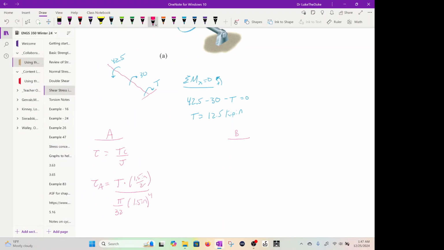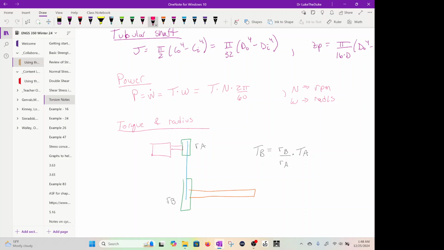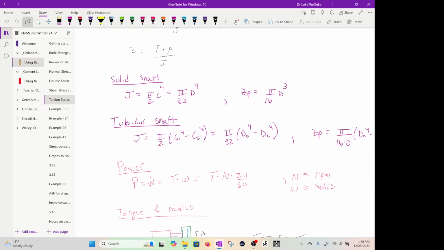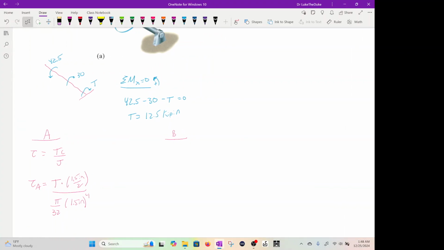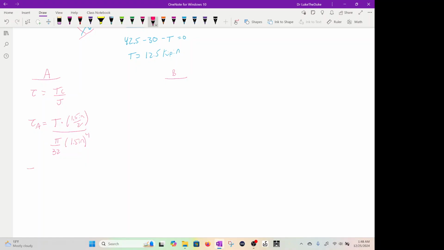Right? Let's double check. Torsion notes. Solid. Pi over 32 to the 4th. Perfect. Okay, so let me plug this in. The torque was what? 12.5 kip per inch times 0.75 inches over pi over 32 times 1.5 inches to the 4th.